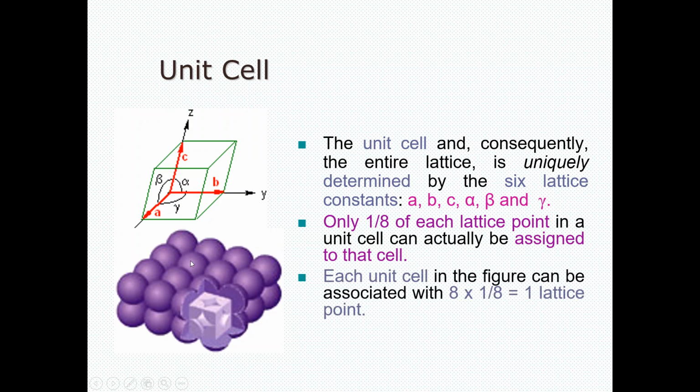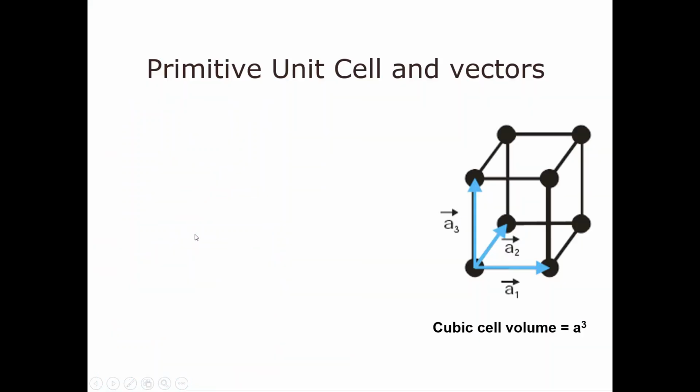Each unit cell in the figure can be associated with 8 multiplied by 1/8, which is equal to 1 lattice point. In simple words, we have 8 corners, and in each corner 1/8 of the portion can be assigned. So in total we have 1 lattice point per unit cell.